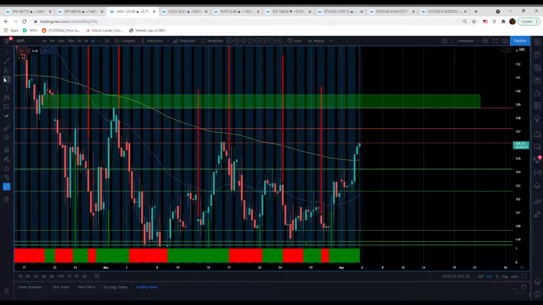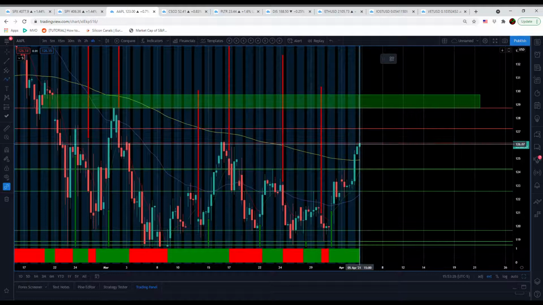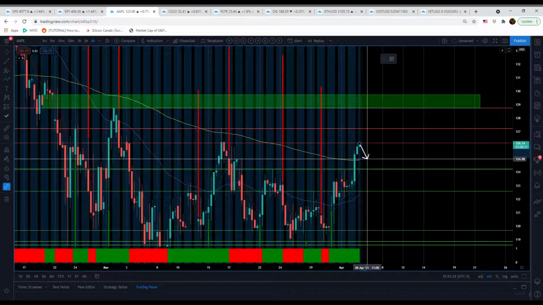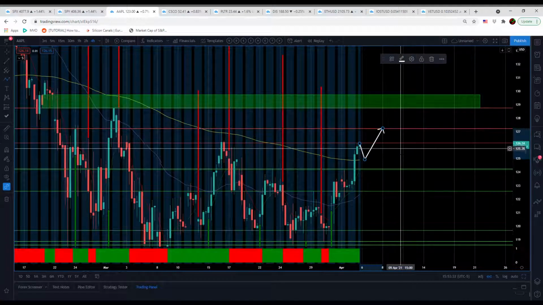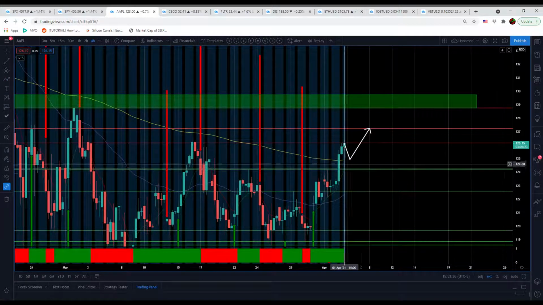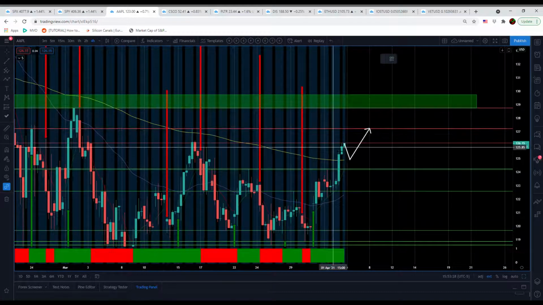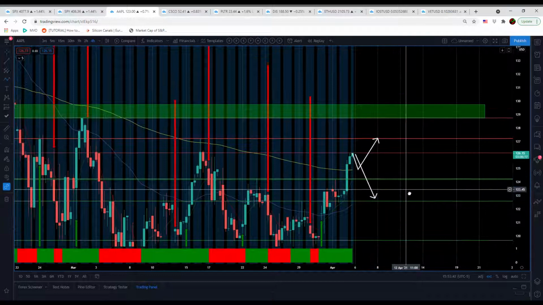If we reject here, I'm looking for a retest. That's why I didn't enter Apple. It should do a retest back to the 200 EMA, and it should start going up after that. If it goes below the 200 EMA, that means it's just a false breakout. The direction of Apple is gonna go down again.